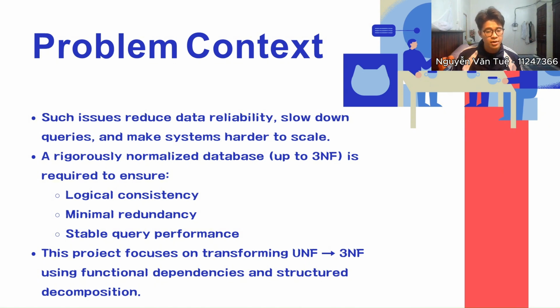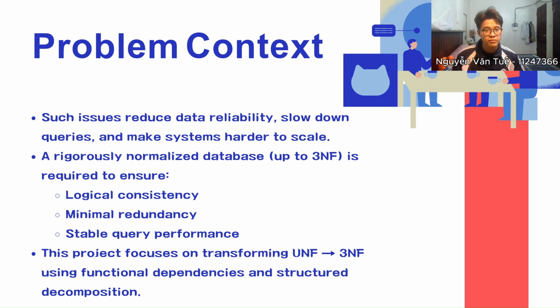Ideally, through third normal form, achieving 3NF ensures logical consistency, minimizes redundancy, and provides the foundation for stable and efficient query performance. Therefore, our project focuses on systematically transforming the dataset from UNF to 3NF using functional dependencies and structural decomposition to produce a clean, reliable, and scalable database design.